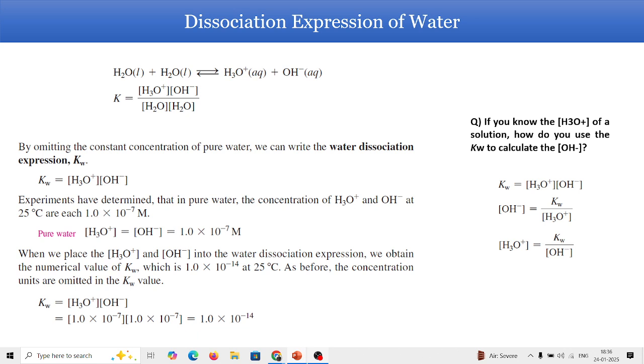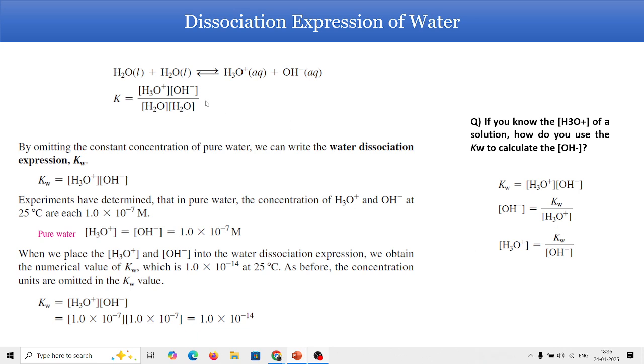From this, at 25 degrees, Kw is equal to 10 to the power minus 14 molar square. And that is the equilibrium constant value, or the water dissociation expression, at 25 degrees.